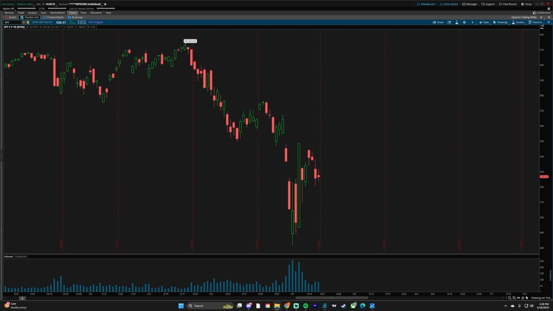So Vanna, under normal conditions, the IV term structure is essentially like upward sloping, right? IV is consistently supposed to be going up. So if IV decreases as options kind of approach expiration, the decline in IV reduces the delta of those out of the money options, whether they're calls or puts, and this prompts dealers to buy back SPX, SPY, QQQ futures, whatever it may be, to adjust their hedges once again.